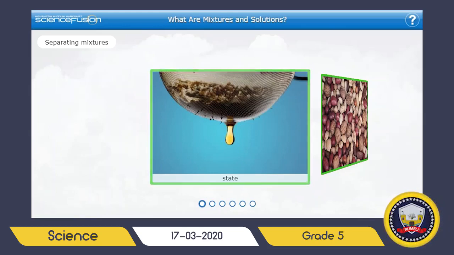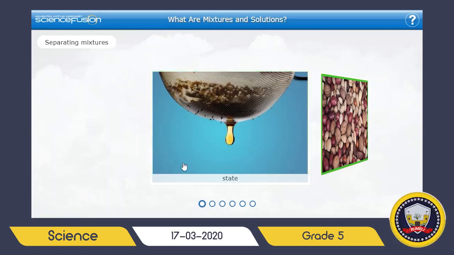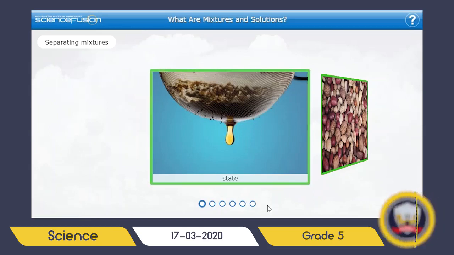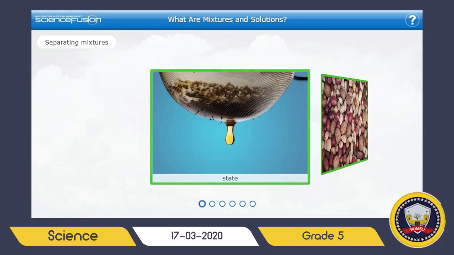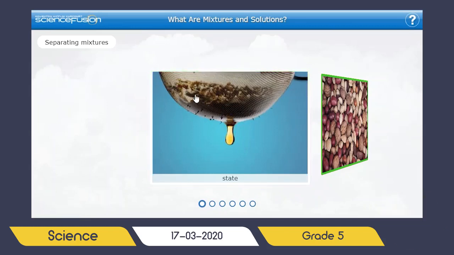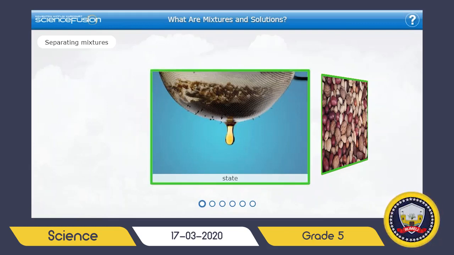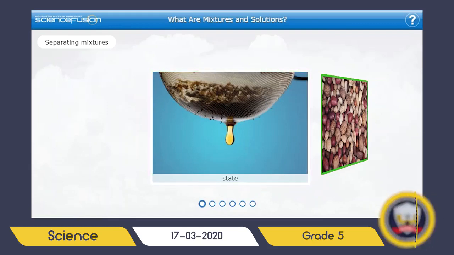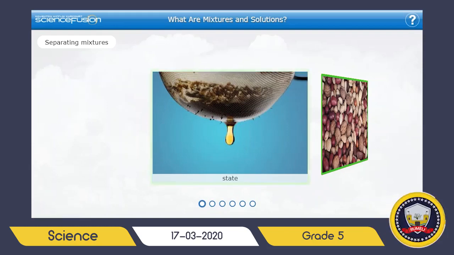You can use the material state, because one of them is in the form of liquid while the other is solid, and a liquid will tend to go down through the mesh, like you see in this picture. If we have a mesh or sieve like here, you will be able to separate the sand from the water easily.